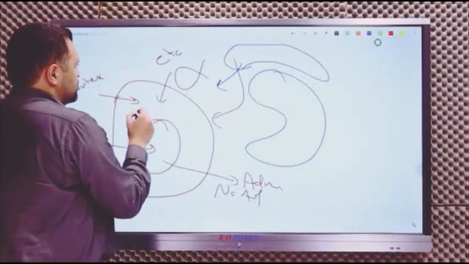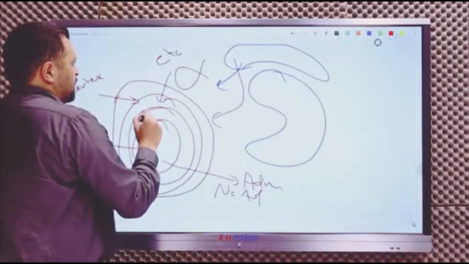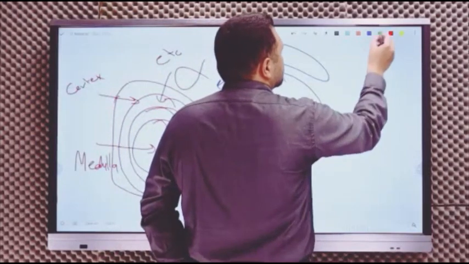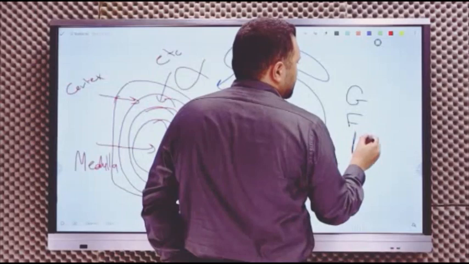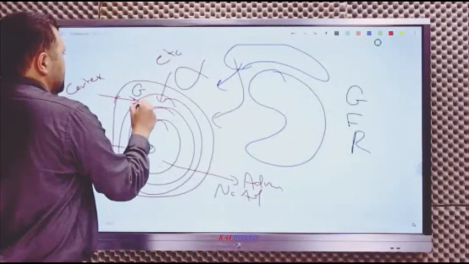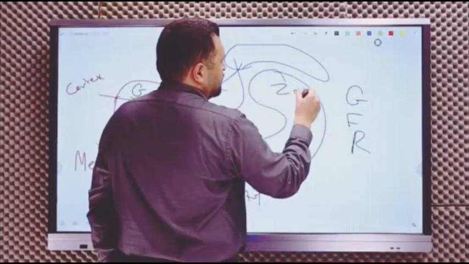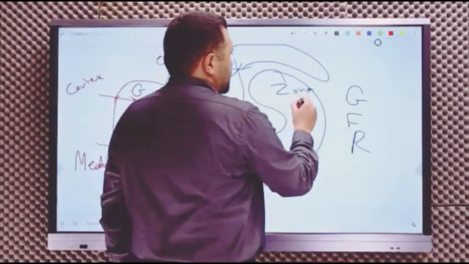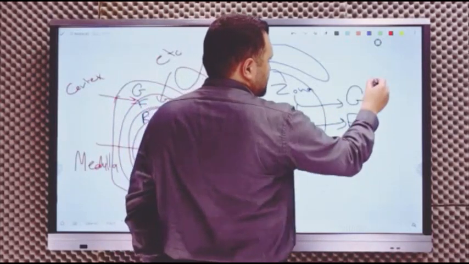Here the cortex consists of 3 layers. To memorize these layers, you have GFR. Zona, it's a zone, a place. Zona glomerulosa, zona fasciculata, zona reticularis.